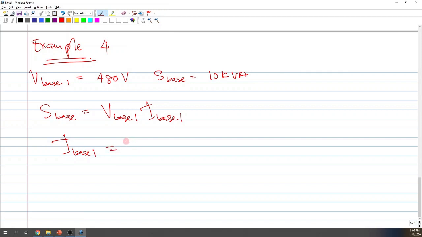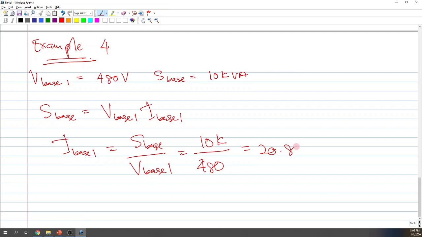So I base 1 equals S base divided by V base 1. 10K divided by the voltage, and what we get here is 20.83 ampere.